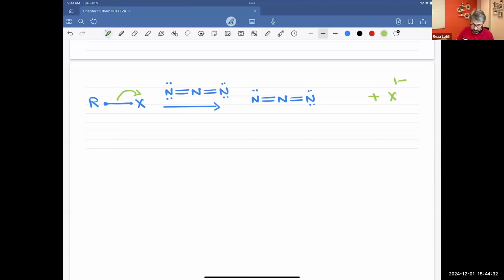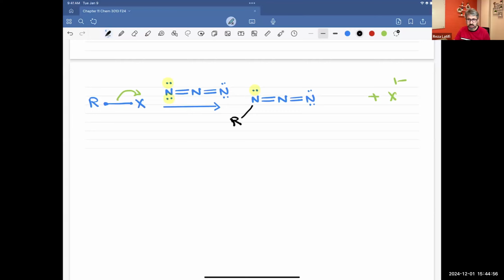Now, what will happen to R? Look at those 2 lone pairs. We have 2 lone pairs on nitrogen. One of the lone pairs is there. And now, because X took those 2 electrons, R is not going to have any lone pair. In fact, it's going to have a positive charge. So I will put R here and attach it to nitrogen. I use the second lone pair on nitrogen to make a bond with R.